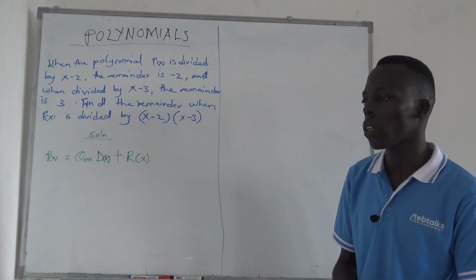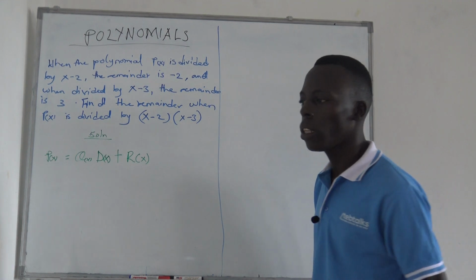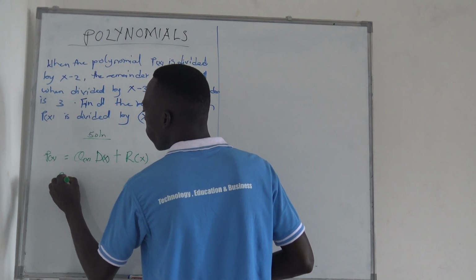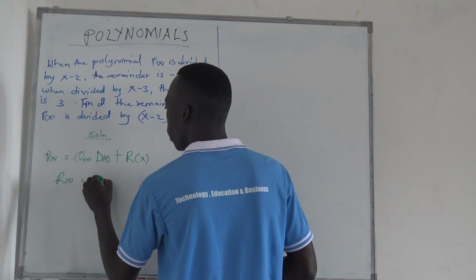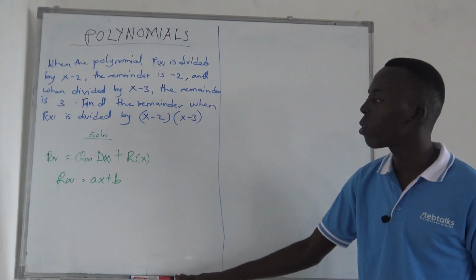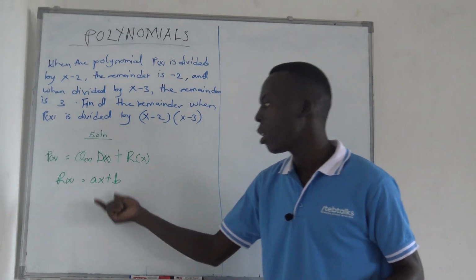And also we say that the remainder of x is given by ax plus b.